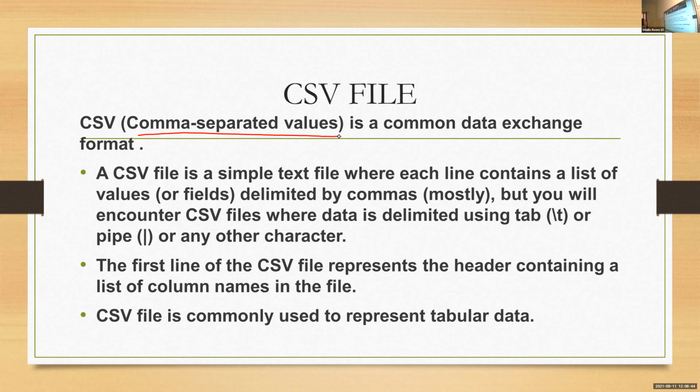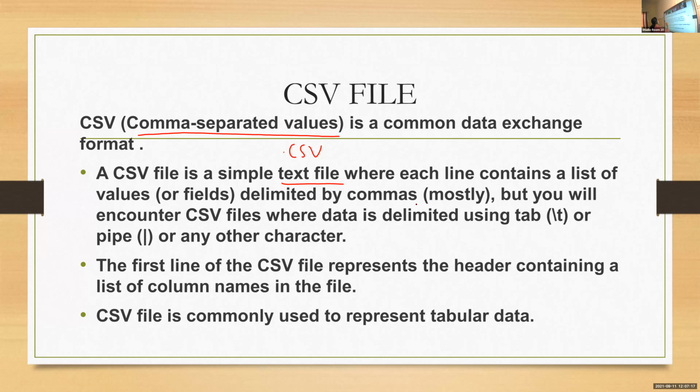And a CSV file is a simple text file. The extension of this text file is .csv. A CSV file is a simple text file where each line contains a list of values delimited by commas, that is, separated by commas.